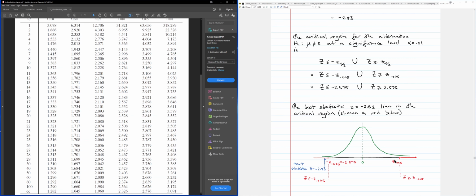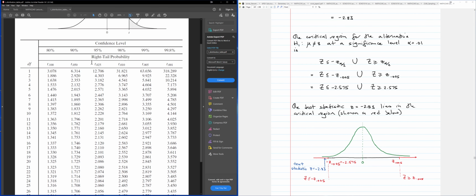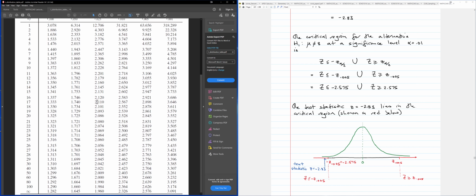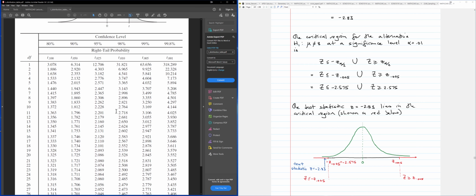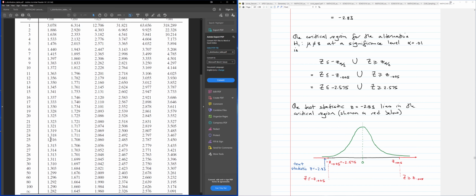Alright, okay, so I need my Z critical values, and remember I can in fact get my Z critical values from the T distribution table, right? These values inside here are all T critical values, right, for your different degrees of freedom.